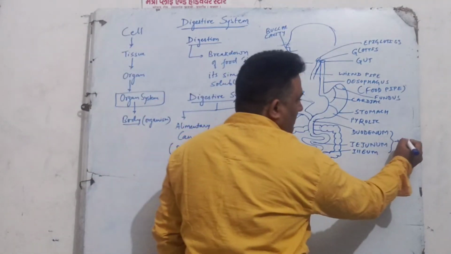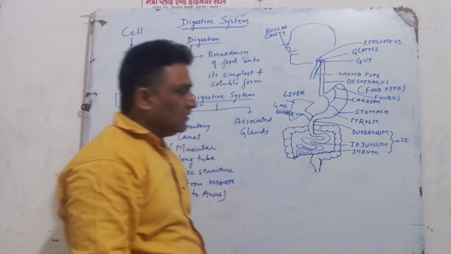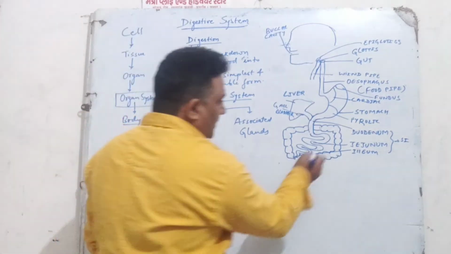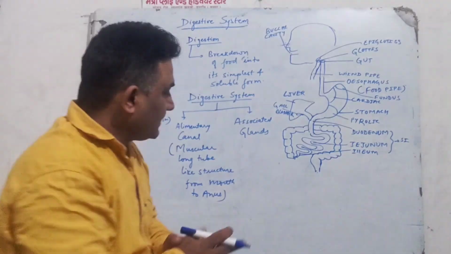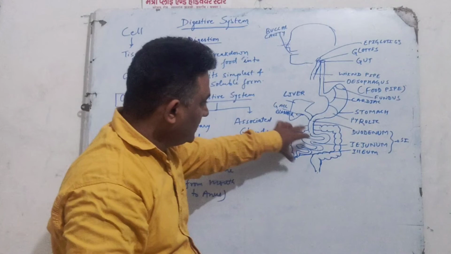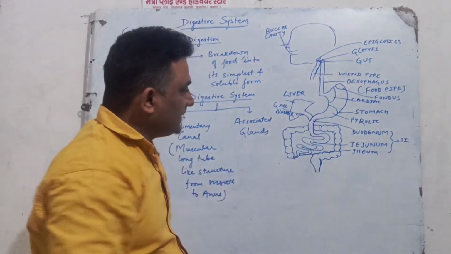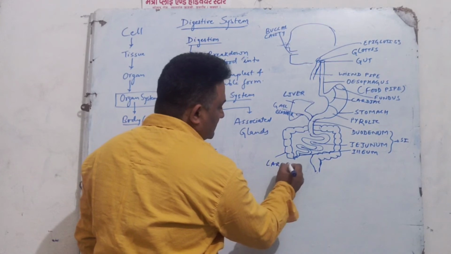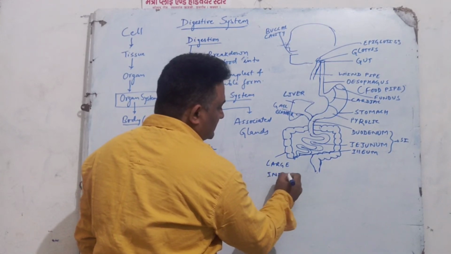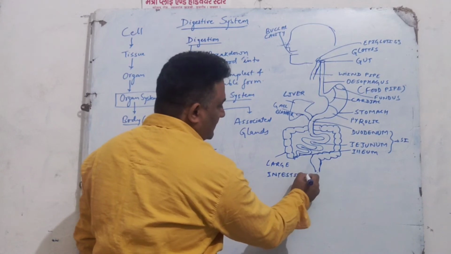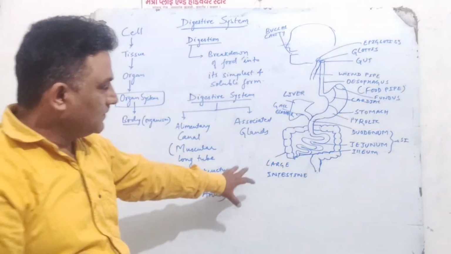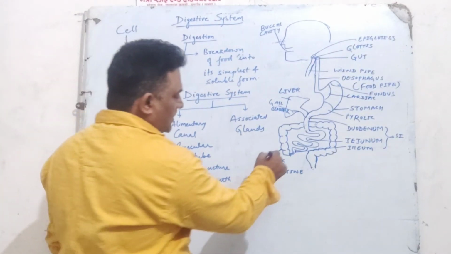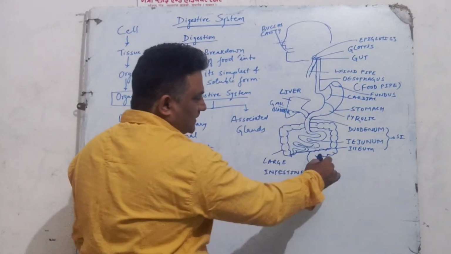All three are parts of the small intestine. This is the SI, the small intestine, not the simple intestine. This wider part which you can see from here to here is the large intestine. The large intestine is divided into ascending, descending, and transverse colon.